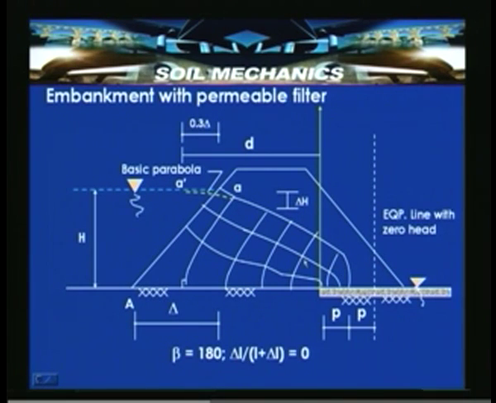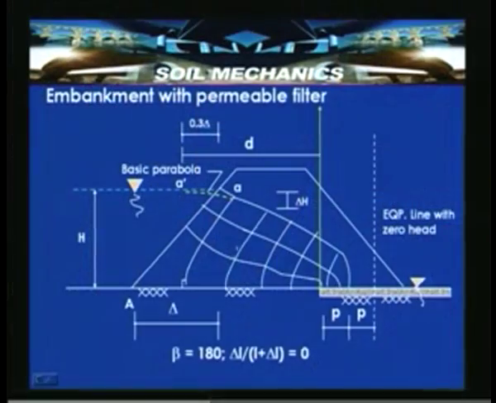And now, in this case, H is the head loss. So, delta H is the drop between any two consecutive equipotential lines. In this case also the procedure is simple, because this qualifies as a flow line, and here it starts as an equipotential line.